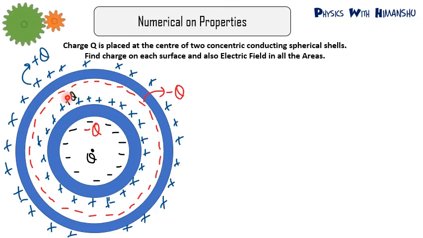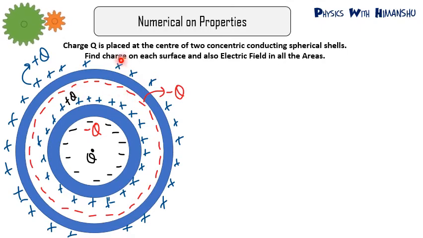So this is how the charges will redistribute themselves.